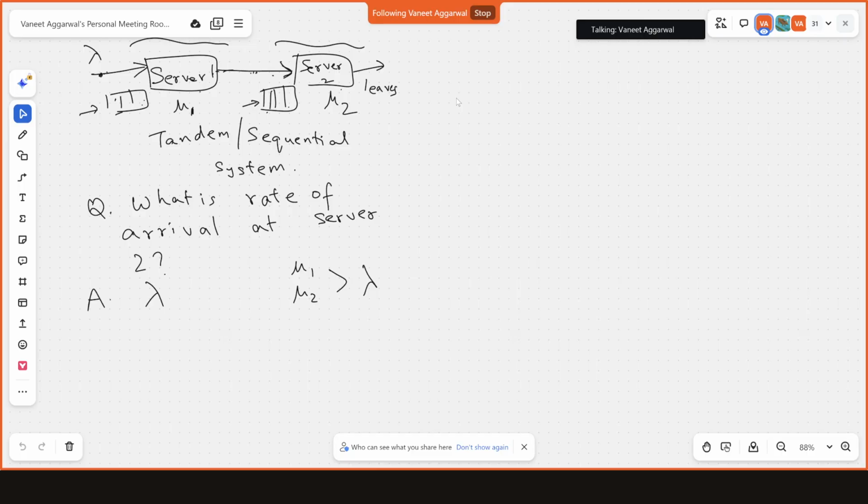And that was something that we used even in the network of queues, where we took into account that the flow outgoing from a server will be at the same rate as lambda, not based on the service rate. So when we set up the simultaneous equations, we did Pij times the arrival rate of the server, not the service rate. So departure rate and arrival rate are the same, but the service rate is different. That is, I think, one of the key concepts to understand.